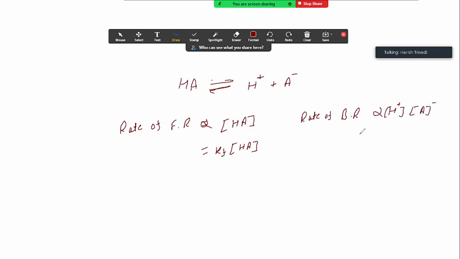Here also we can remove the proportional sign by putting a constant, but here it will be Kb, then H plus ion and A minus ion. Okay, we are discussing this at equilibrium.